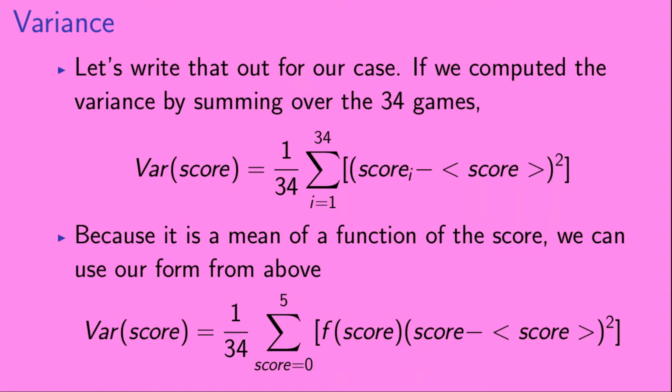Now, because it is a mean of a function of the score, we can use our form from above and rewrite this as the variance of the score is equal to 1 over 34 times a sum over the score from 0 to 5 of f of score times the square of the difference between score and the mean score.